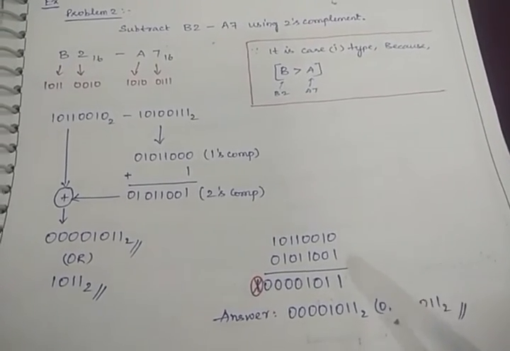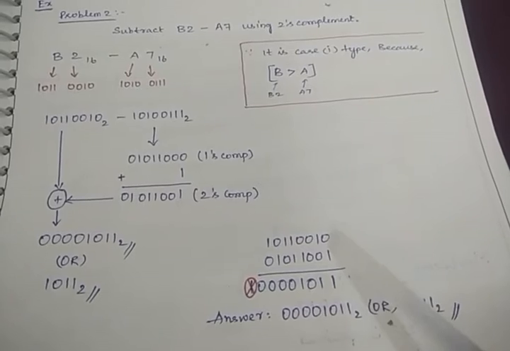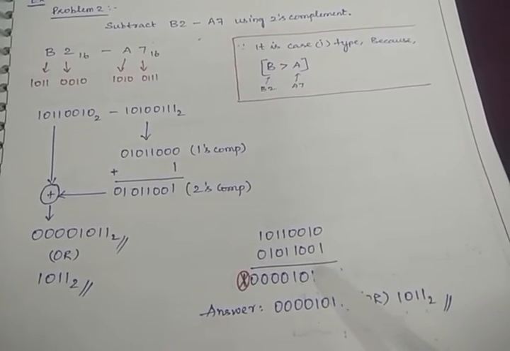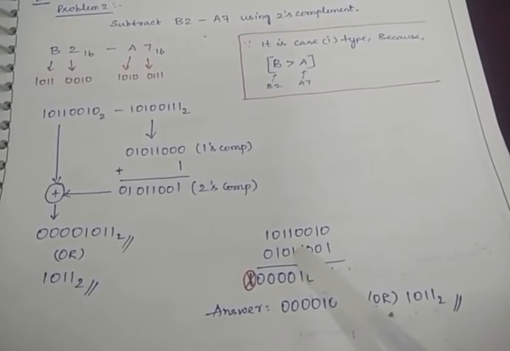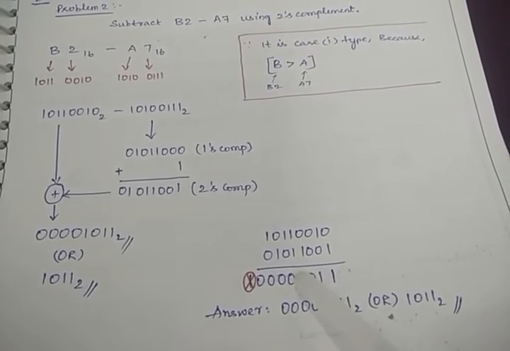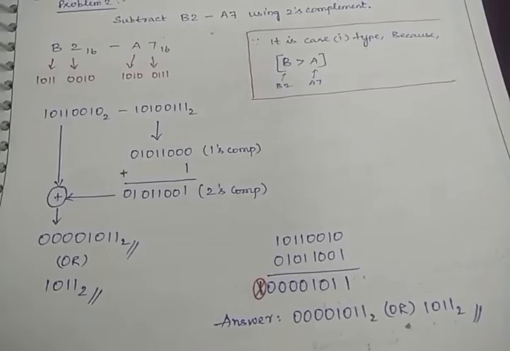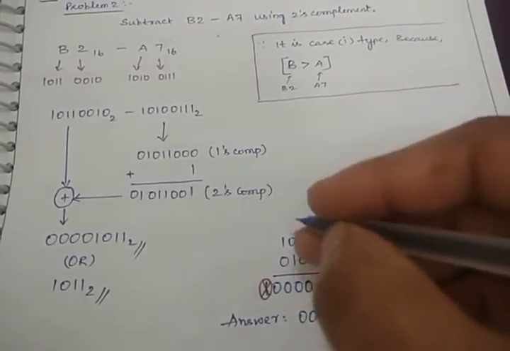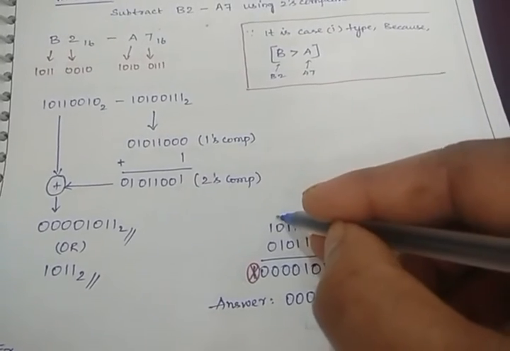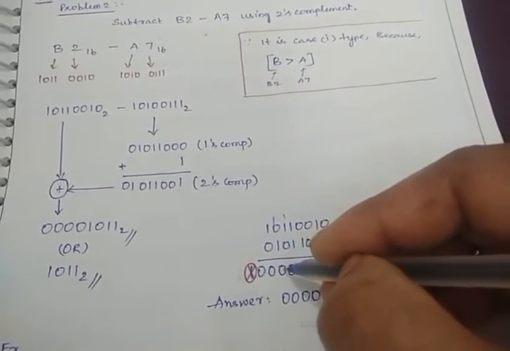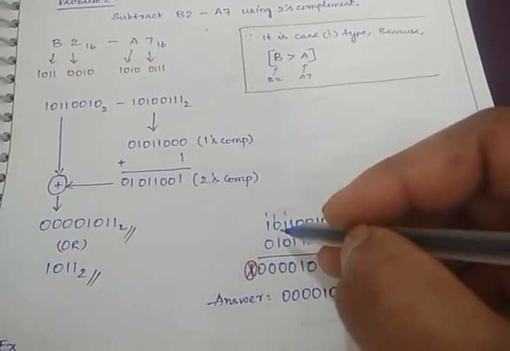See here the addition is given. If you add this, 1 plus 1 means 10, put 0 here and the remainder is 1 here. Again 1 plus 1 means 0, and here the remainder is 1. Again 1 plus 1 is 0 here, the remainder will be 1.